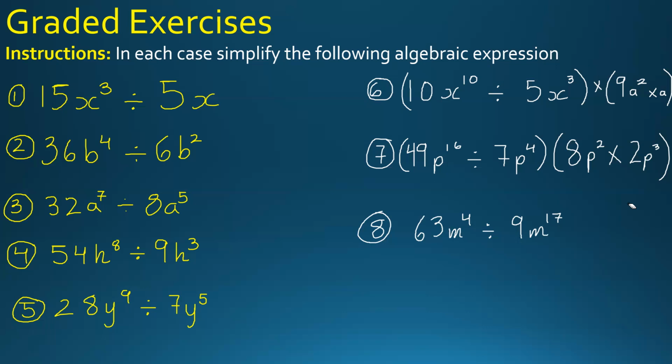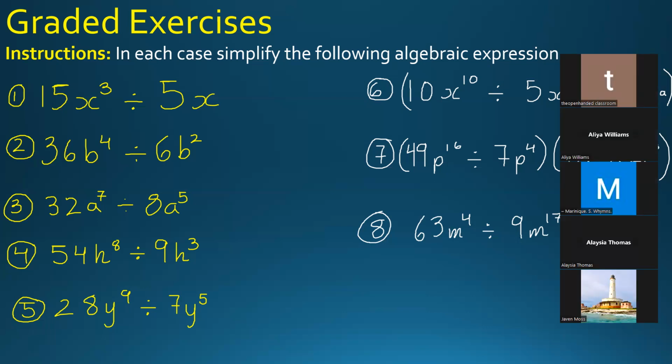Martinique Wims, what number you on? About to go on number 3, sir. All right, no problem. Alasia Thomas, what number you on? Going on number 6. All right, that's good. Alea Williams, what number you on? I'm doing the bonus now. Doing the bonus, okay.